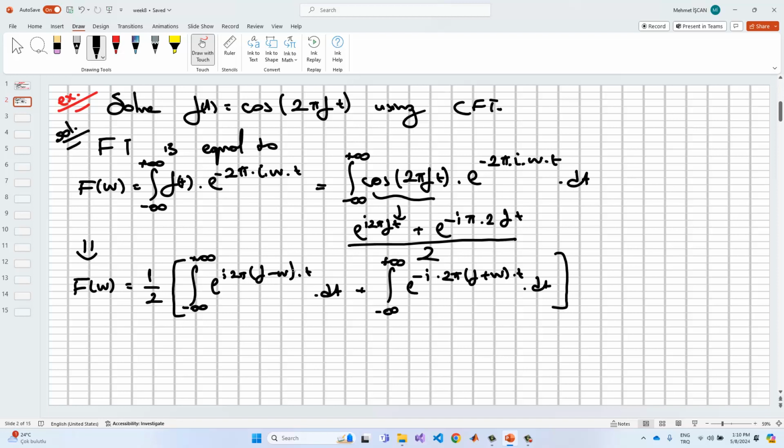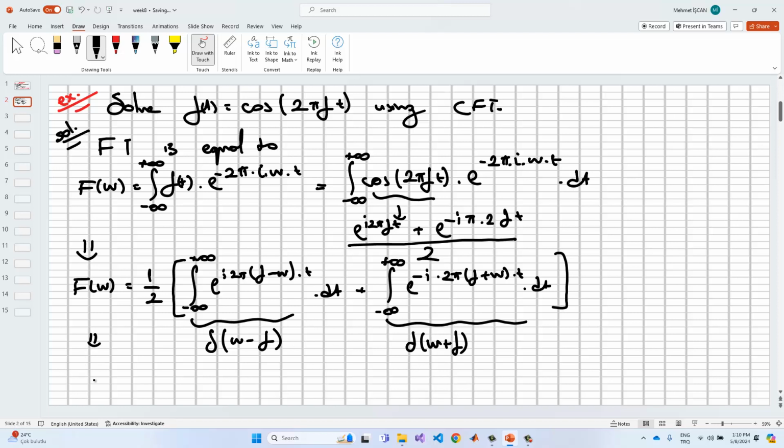But if we have these things and using the shifting property, this can be represented with the Dirac delta function, but with a basic difference. W minus f. F is the specific frequency in here, which is given in the input signal, right? And so this is also the plus term in here, just like this one. And so w plus f can be written in here.